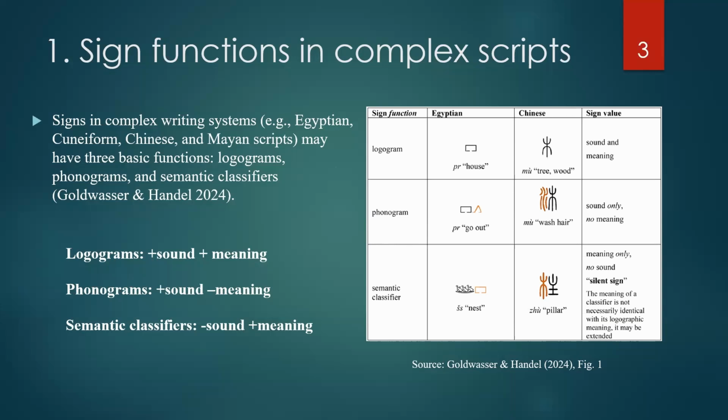In addition, in the Egyptian word chest, the sign for house functions as a silent semantic classifier, carrying the meaning house. And the sign for a tree in the Chinese word pillar is a semantic classifier, indicating the pillar is made of wood.